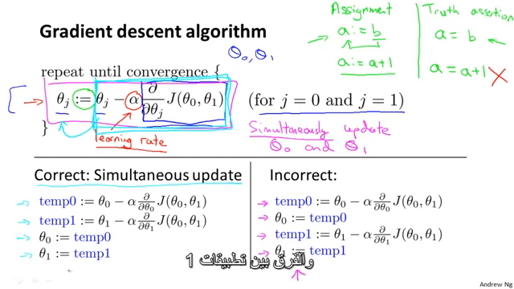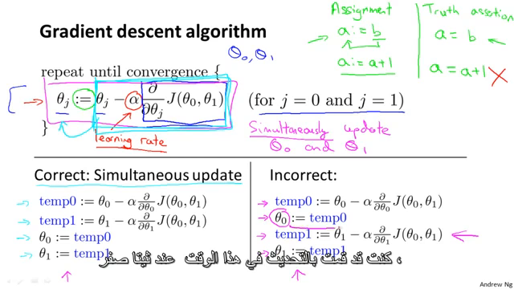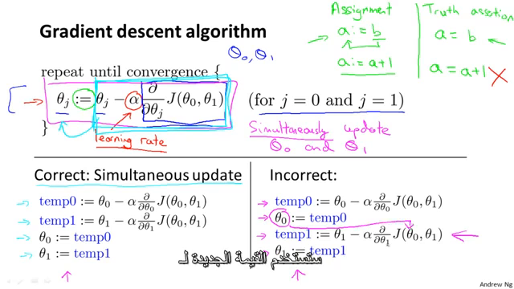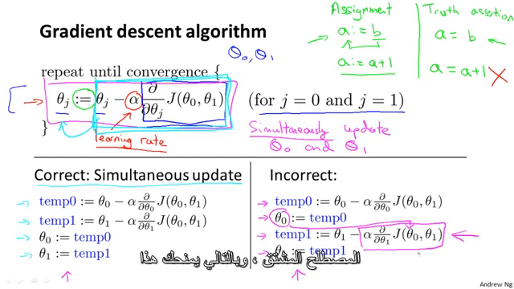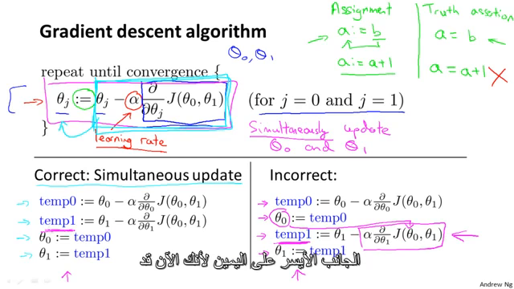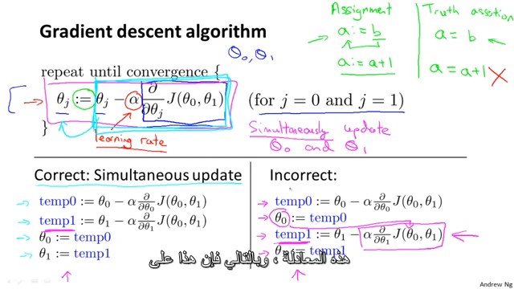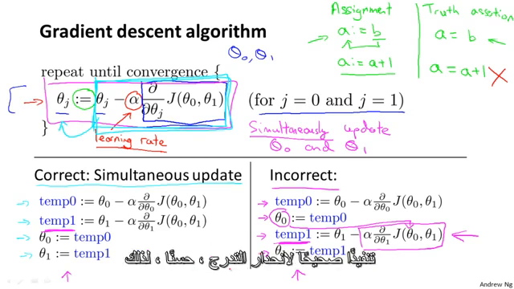The difference between the right-hand side and the left-hand side implementations is that if you look at this step, by this time you've already updated theta 0, so you would be using the new value of theta 0 to compute this derivative term. And so this gives you a different value of temp 1 than the left-hand side, because you've now plugged in the new value of theta 0 into this equation. And so the one on the right-hand side is not a correct implementation of gradient descent.